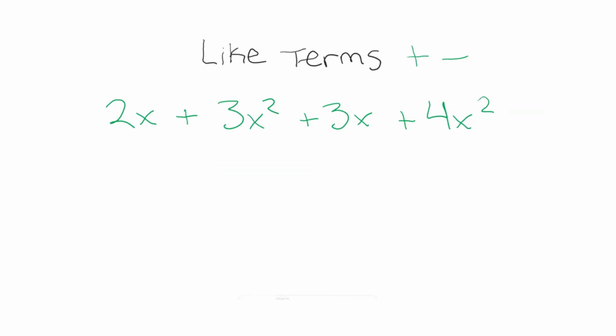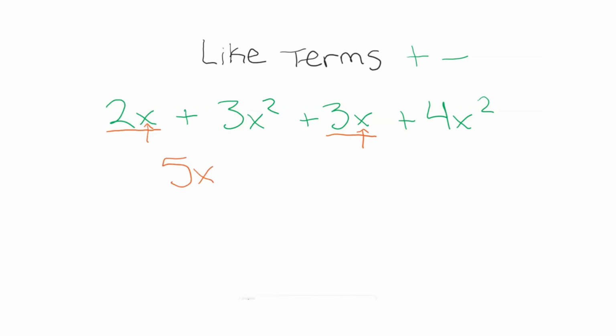We need to find the like terms because we can only combine like terms. I see 2x and 3x. These are like terms because they both share x, so we can add or subtract them. In this case, we'll be adding them because it's a positive 2x and a positive 3x. So 2 plus 3 equals 5. We'll get 5x. Okay, what else?